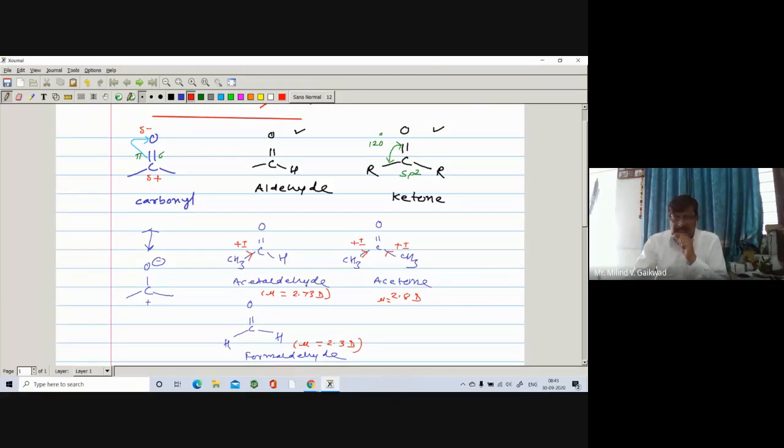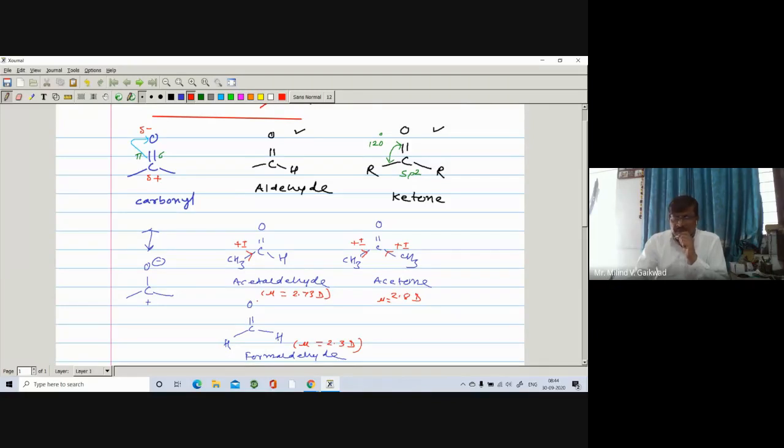So acetaldehyde is having more positive charge as compared to acetone. That's why acetaldehyde is more reactive as compared to acetone. But in case of formaldehyde, the hydrogen does not exhibit any electronic effect, so whatever charge is on the carbon will be the same. So we can say that formaldehyde is more reactive as compared to acetaldehyde, and acetaldehyde as compared to acetone.